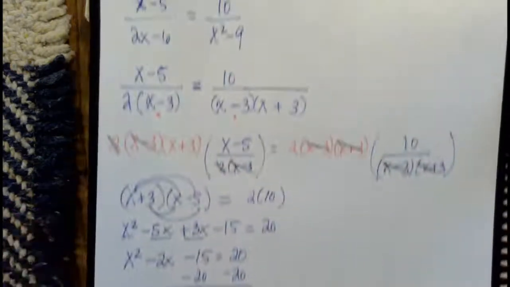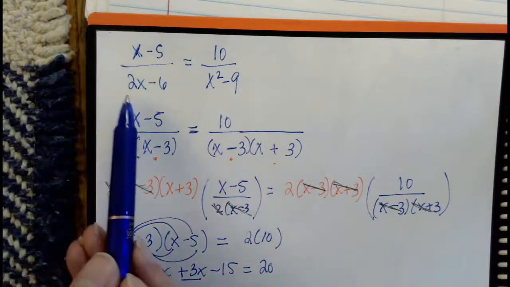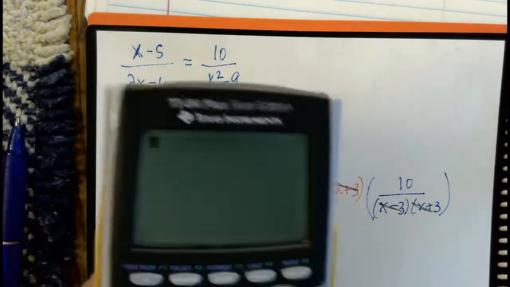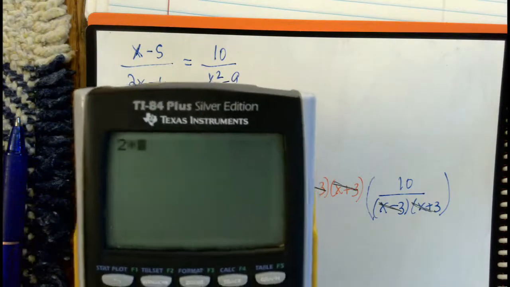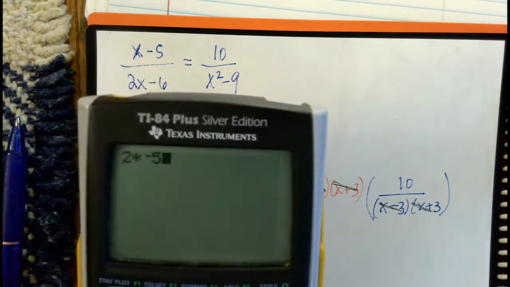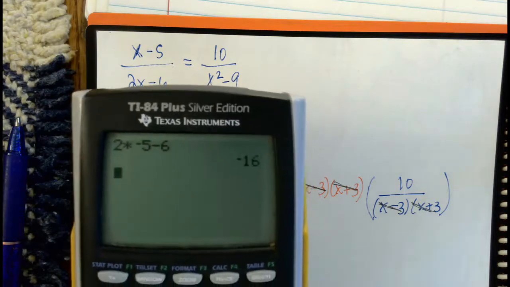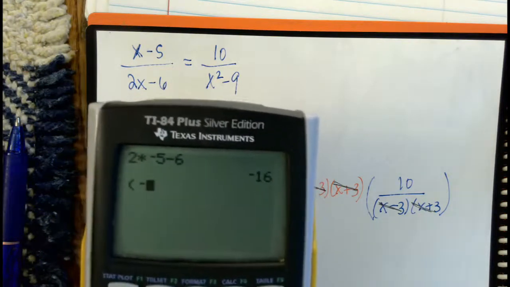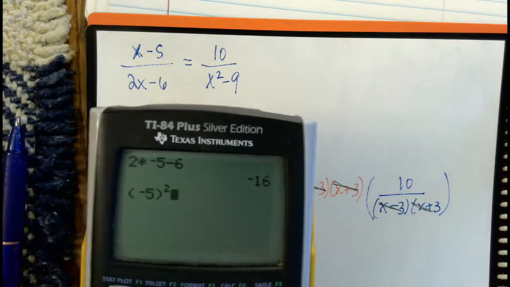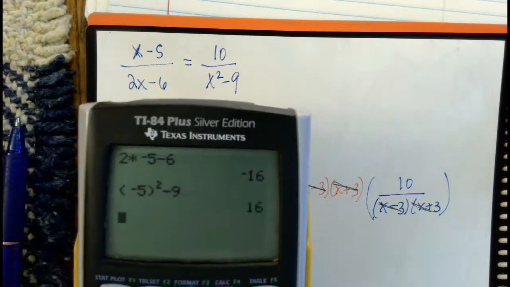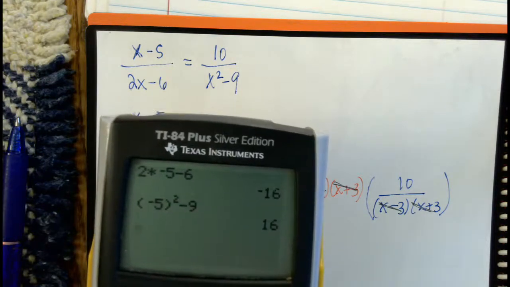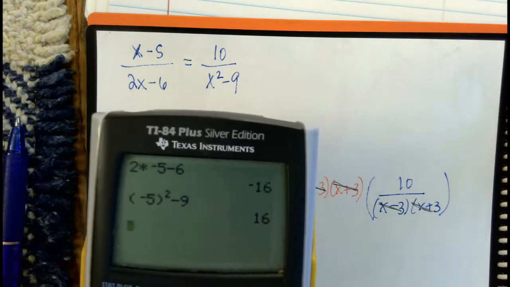So if we take this value of negative 5, 2 times negative 5, we can even use my calculator here, 2 times negative 5 minus 6 gives us negative 16. Or negative 5 squared on the other side minus 9 gives us 16. And again, we're not looking for those to be the same numbers.